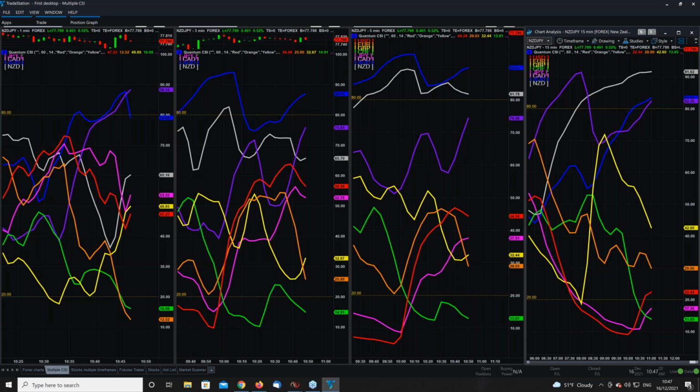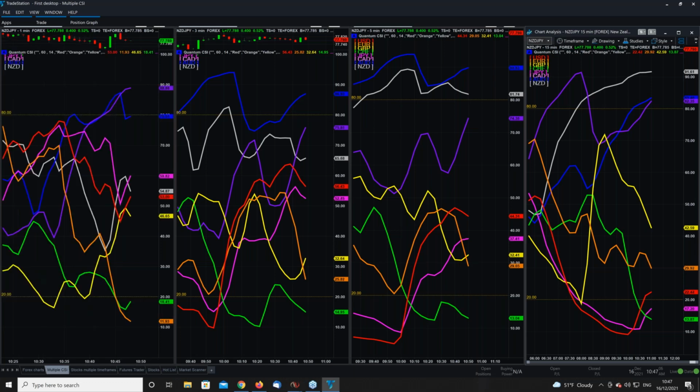typically, as I use the word cautiously, what you would like to see, because when the dollar and the yen and the Swiss franc, this green line, are moving in generally the same direction, what that signals is that the sentiment in the market is pretty much 100% in one direction.